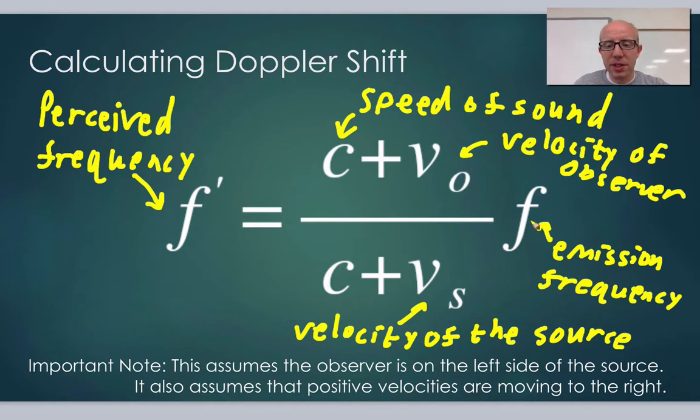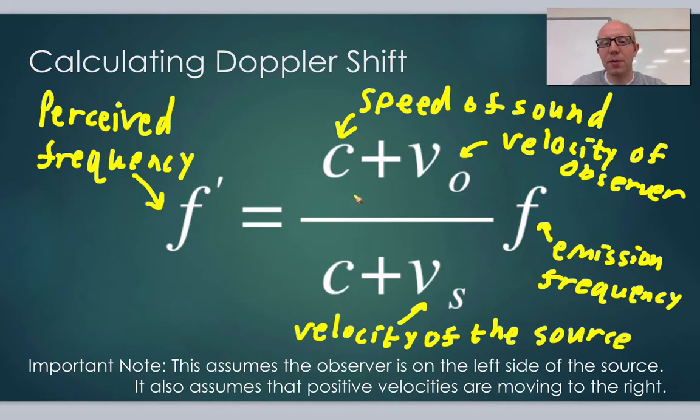The frequency that we are emitting is being changed by one ratio. There's a lot of stuff that affects that ratio, but it's just a single constant when all of that is simplified to give us our new perceived frequency. So after we simplify all of this stuff in this fraction, we just get our old frequency multiplied by something to get our new frequency.